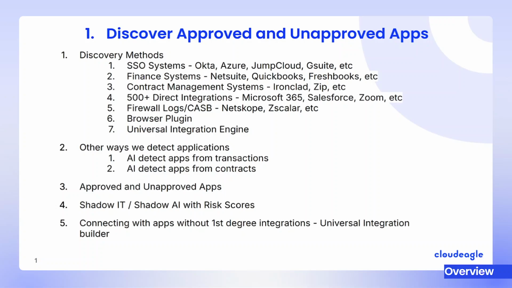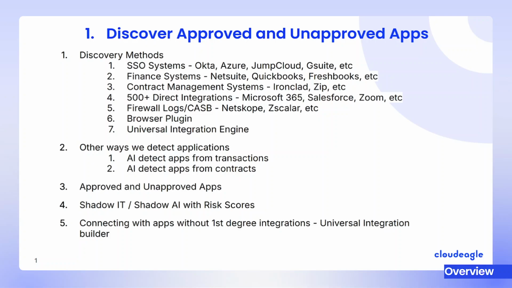CloudEagle.ai helps you detect both managed and unmanaged applications. CloudEagle offers several ways to discover apps. The most straightforward is through your SSO system, giving you visibility into managed applications. Connect Okta, Entra ID, G Suite, JumpCloud, or OneLogin to see all applications behind your SSO.